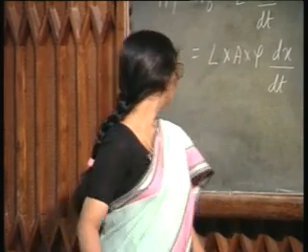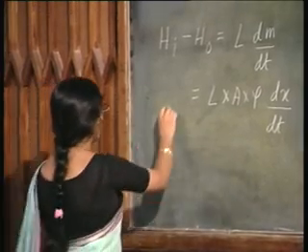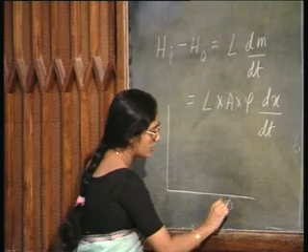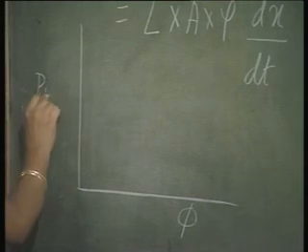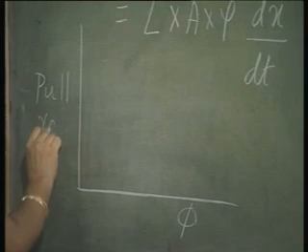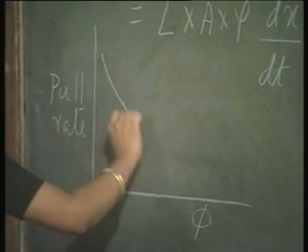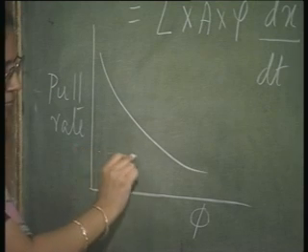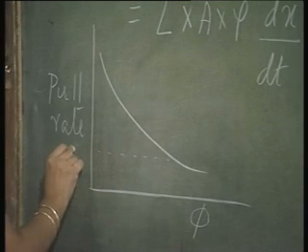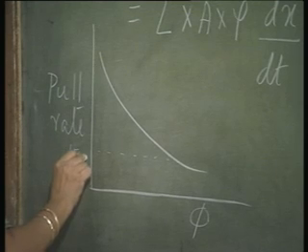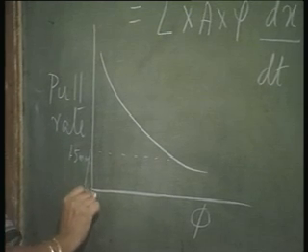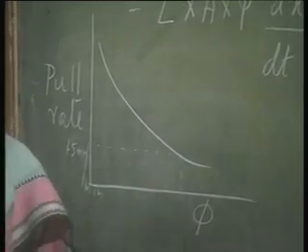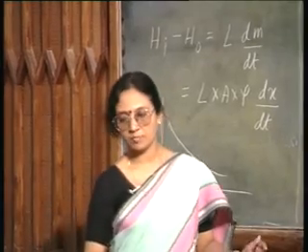In fact, the pull rate you can plot. If this is the diameter of the crystal and if this is the pull rate, it actually varies something like this, and this is about 1.5 mm per minute when the diameter is about 75 millimeters.